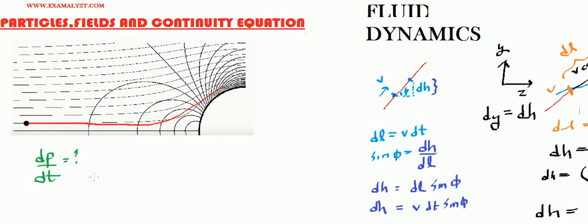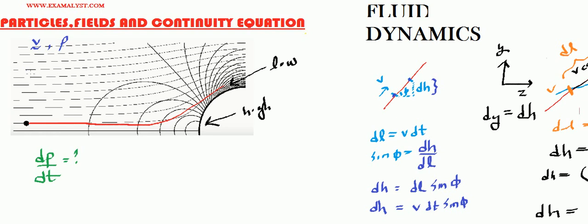Let's try to understand this. You see that this is the region where the pressure is low, and this is the region where the pressure is high. As I said in the last class, a fluid has field variables that depend on space and time. We talked about the velocity field, which is represented as v tilde, and the density field rho.